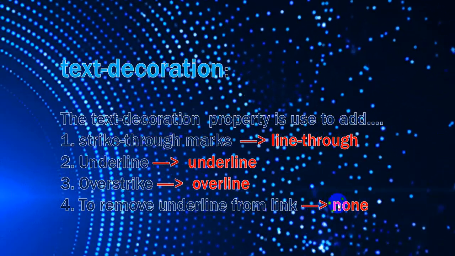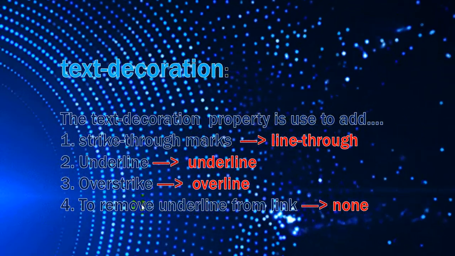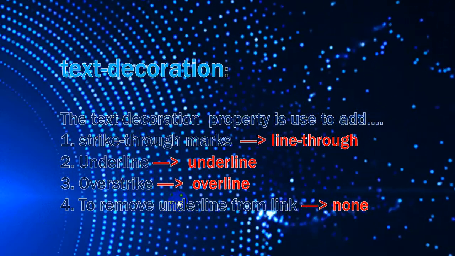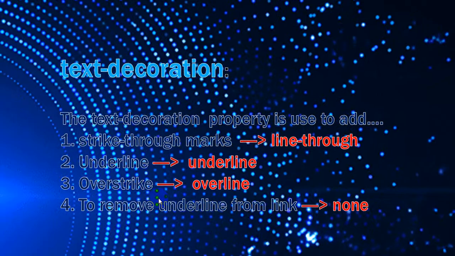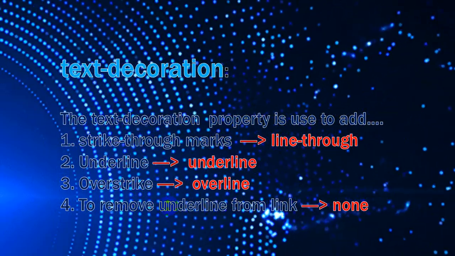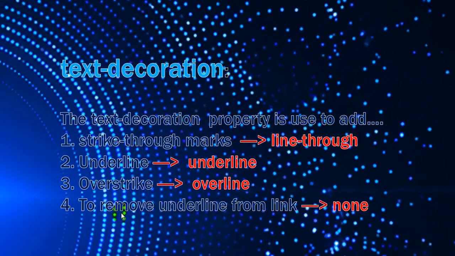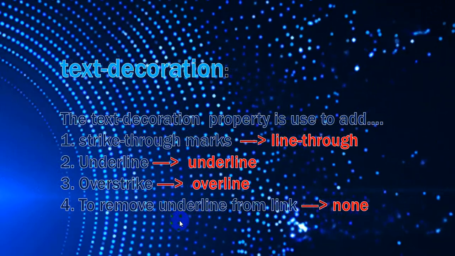Okay, then none. What does none mean? By default, if you use any a tag, what is the a tag? That is the anchor tag. What is the use of the a tag? To create a hyperlink. So if you use any hyperlink, by default it will create an underline below the text.